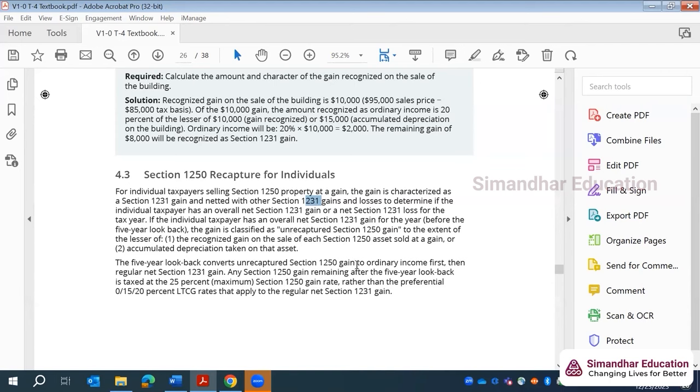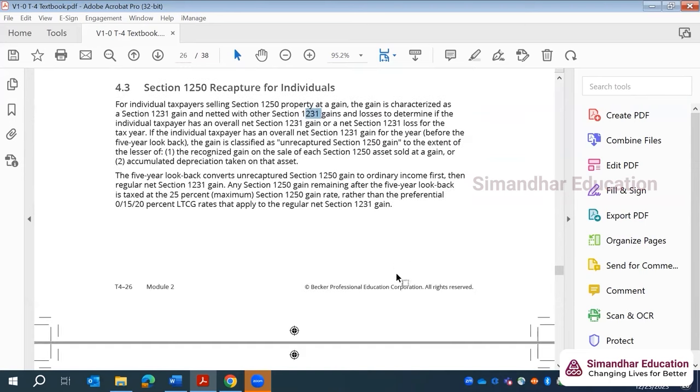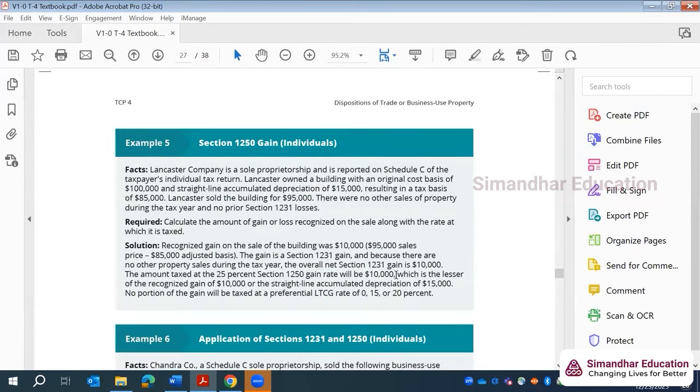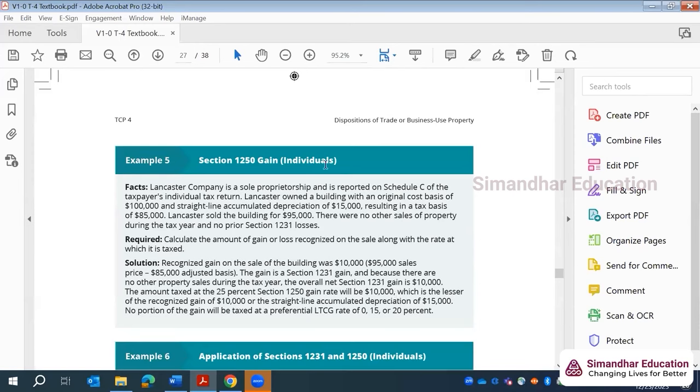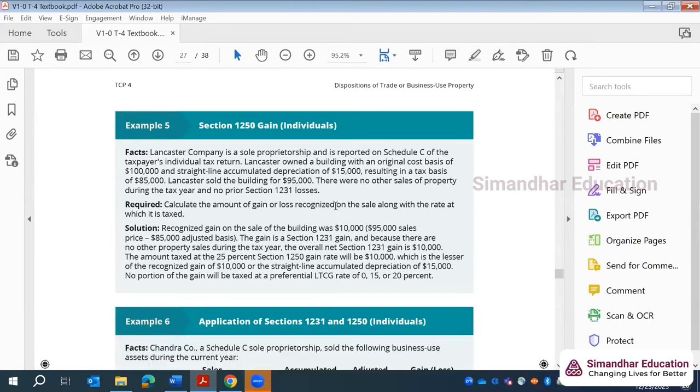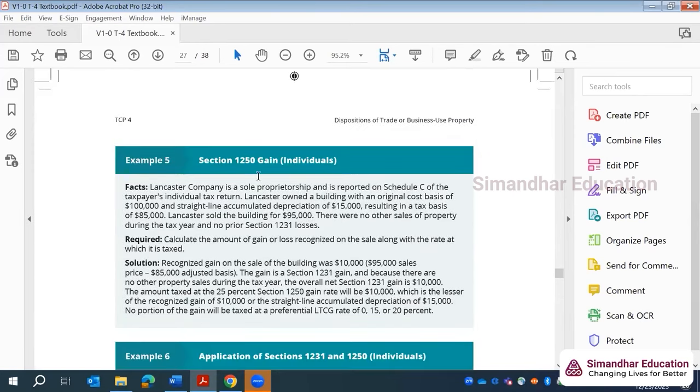Then off that Section 1250 gain, you will look back 5 years and see if you have taken any Section 1231 losses. Of those losses, you will have to recharacterize that Section 1250 gain as ordinary. And if you still have anything remaining, then that will be taxed at 25%. Okay. So to understand that better, we'll do these two examples, which will make the concept very clear.